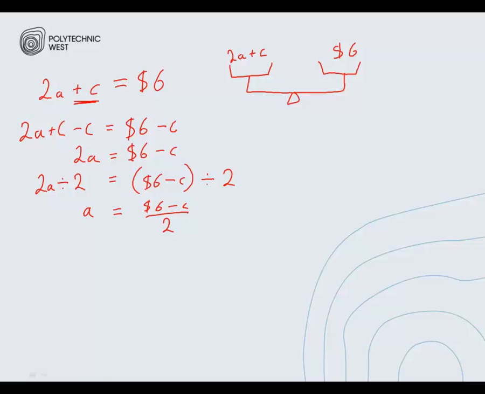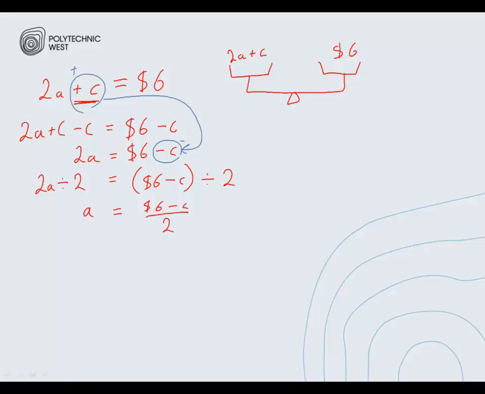Now if you look at this, the C on this side kind of got moved to that side there. But where it was adding on this side, when it goes to the other side it subtracts.